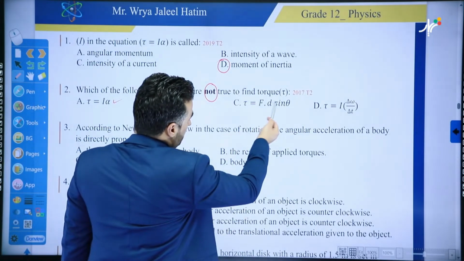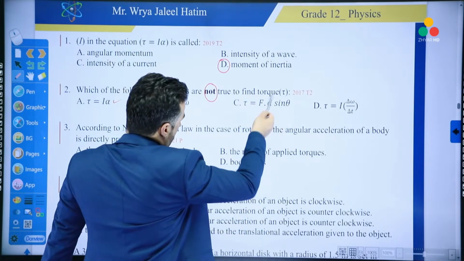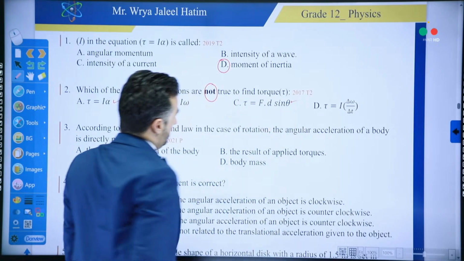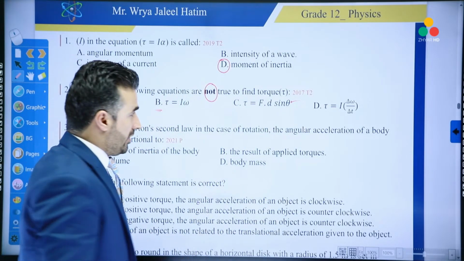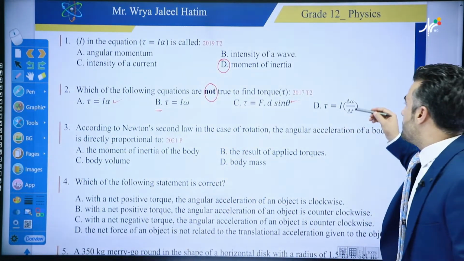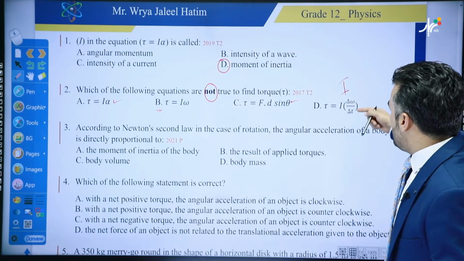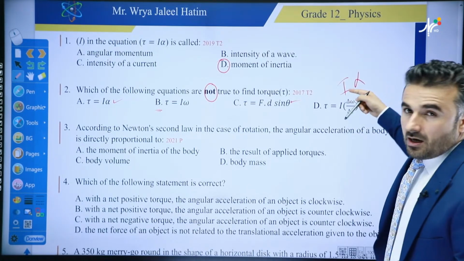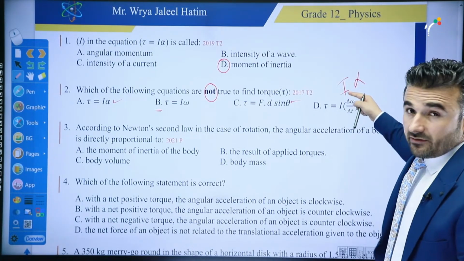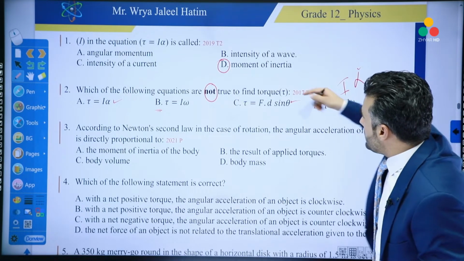What about this? F times d sine theta. This one can also be used to find the net torque, so not this one either. This one here, torque equals I times delta omega over delta t. That is another equation for moment of inertia multiplied by the angular acceleration. So even this one can be used to find the torque.